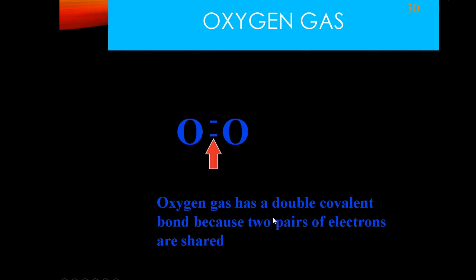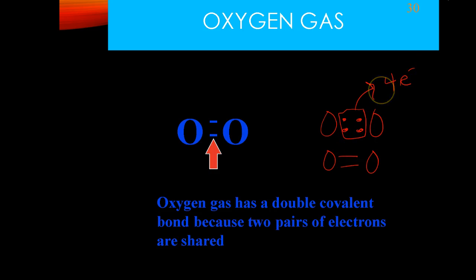All right, so we said slightly different. Why? Because we're sharing 2 pairs of electrons. So this oxygen shares 2 pairs of electrons, and that represents those double lines. If I asked you on a test, how many electrons are in a double bond? 4 electrons are in a double bond.